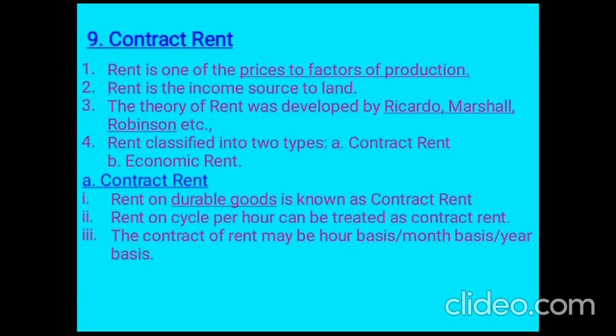Here we are discussing contract rent. Rent on durable goods is known as contract rent. Rent on a cycle per hour can be treated as contract rent. The contract of rent may be on an hour basis, month basis or year basis. Economic rent is the amount which we pay to the factors of production.